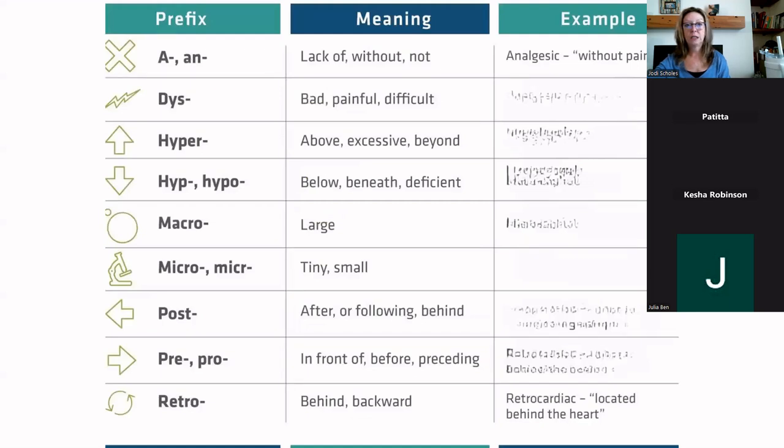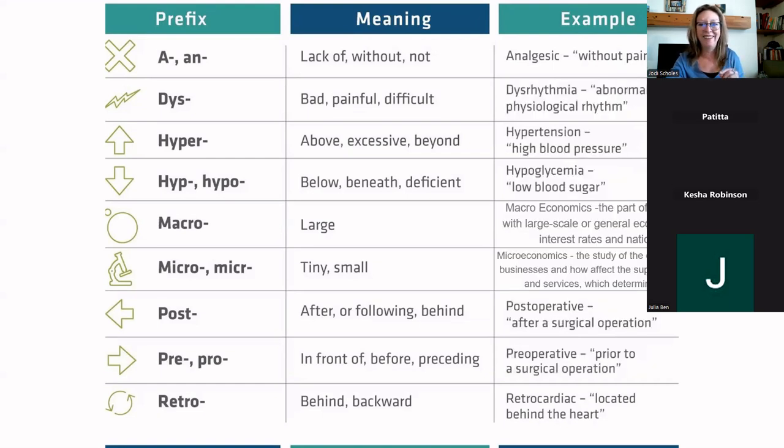All right. I wanted to do the same thing with our prefixes, but I found this to be very clunky, trying to ask you for an example of a word that uses a or an, lack or without, analgesic, without pain, or dys, bad, painful, difficult, as in dysfunction. So I decided to just give you all the words and all the examples.